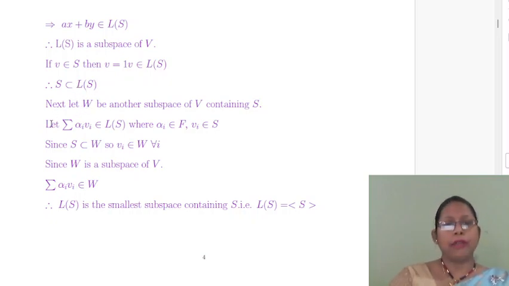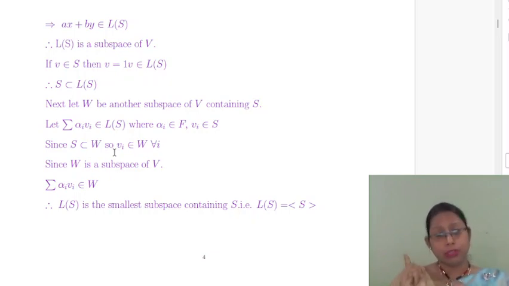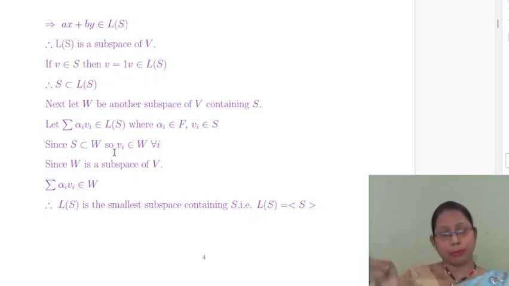For that, we will consider an element summation alpha i vi belonging to the linear span, where alpha i belongs to F and vi belongs to S. Since S is a subset of W, vi belongs to W. Since W is a subspace of V, W is closed under vector addition and under external multiplication.